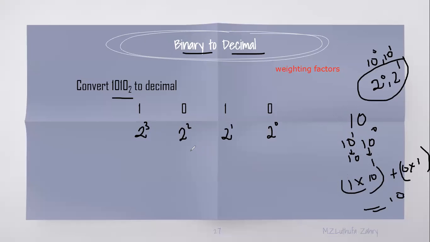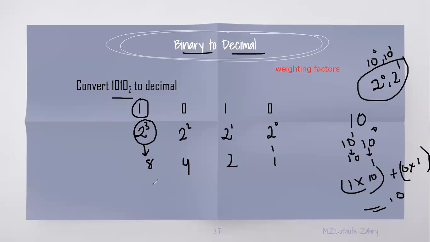Same like that we are going to do it here. We are going to multiply this weighting factor with each digit. 2 to the power 3 is 8. 2 to the power 2 is 4. 2 to the power 1 is 2 and 2 to the power 0 is 1.